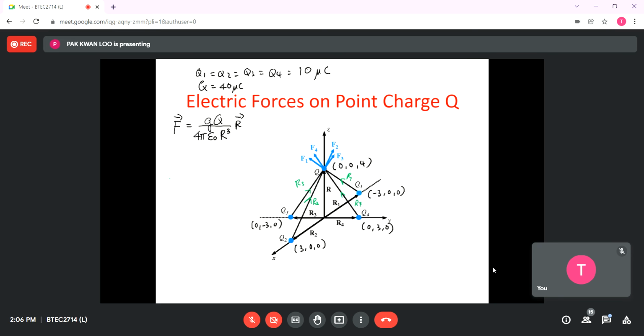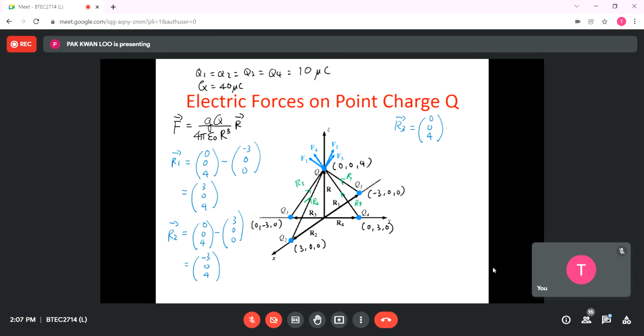So first, I need to find the vector R1, then R2, then R3, and finally R4.